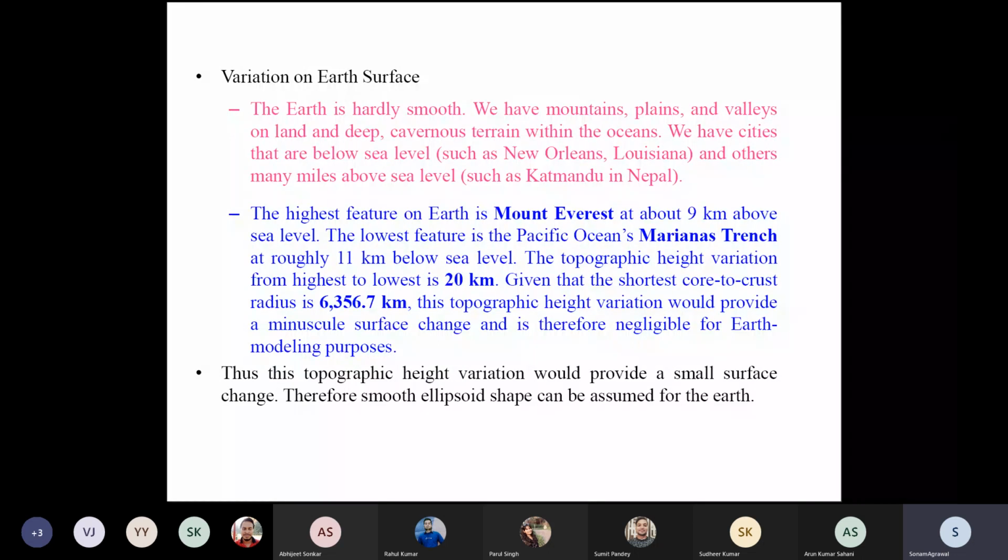The shape and size will vary, but the surface will be smooth. But in the real world, it is not smooth. There are points of high elevation and points of depression. This elevation and depression is quite small compared to the size of the Earth. That's why, assuming this value is negligible in front of the size of the Earth, for mathematical calculation we go for the smoother surface.